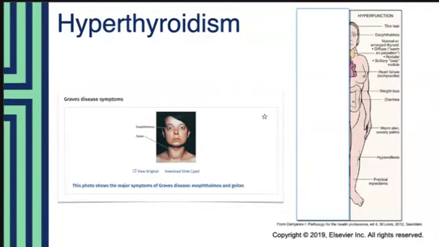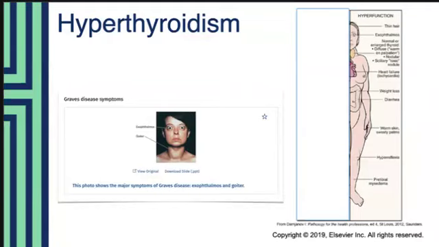Now, the key pathophysiology events here: the first is that an autoimmune reaction produces TSI antibodies that mimic the TSH. The second is that the TSIs bind to and continuously stimulate the thyroid follicular cells. The third is overstimulation of the thyroid gland, which enlarges, forming that goiter. And lastly, excessive thyroid hormone secretion causes symptoms like weight loss, heat intolerance, tachycardia, tremors, and increased metabolism.